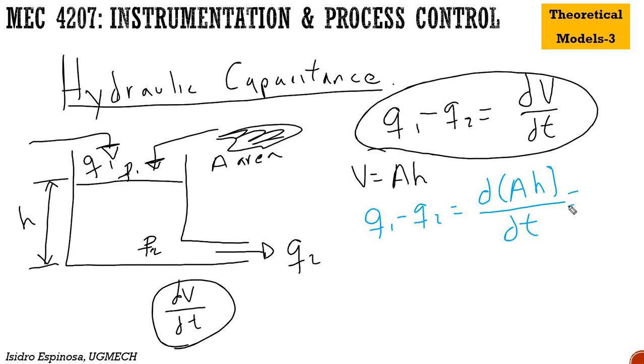So this is equal to, if the area remains constant, the area multiplying a differential of the height over time.